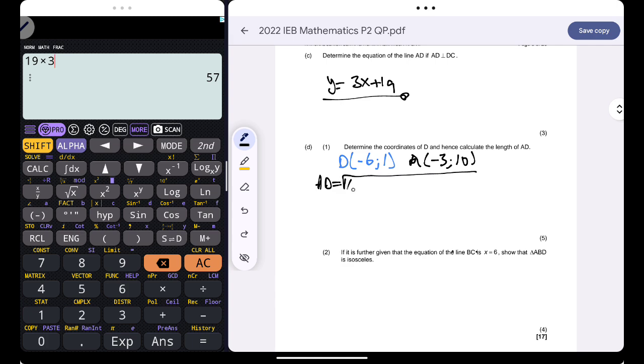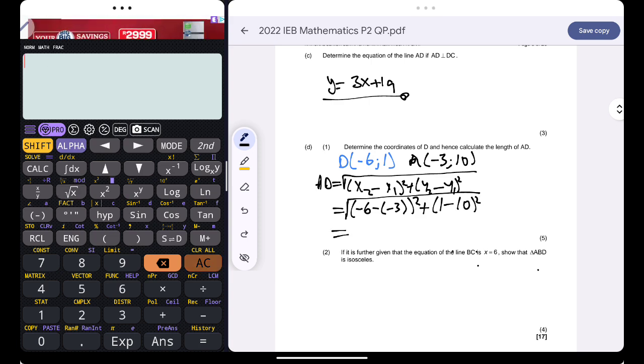So for me to find the distance of AD, I'll simply say AD is the square root of x2 minus x1 squared plus y2 minus y1 squared. So this would be negative 6 minus negative 3, all squared, and then I'll take the y at D minus the y at A, all squared. What do I get? Let me just punch it in.